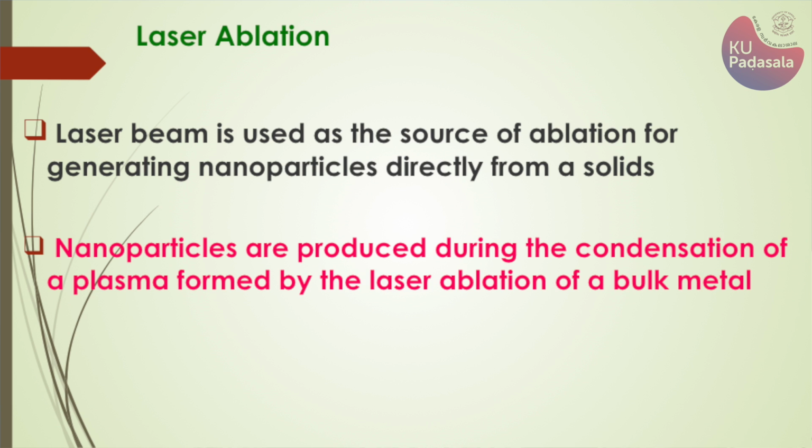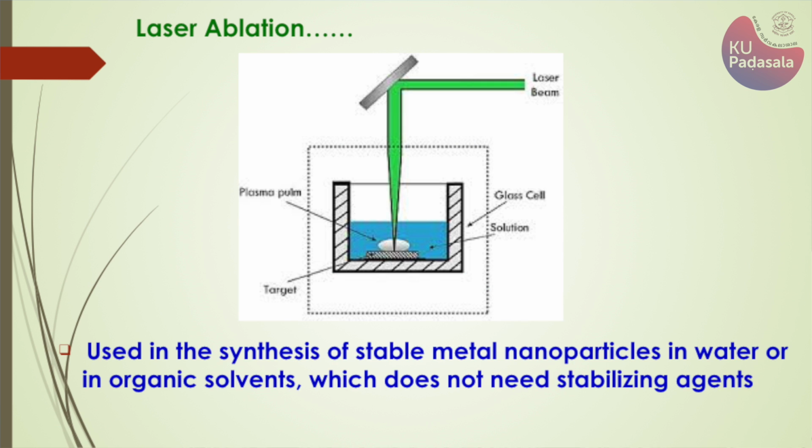That is, we are using high energy laser beam to convert bulk material to nanoscale particles. Nanoparticles here are produced during the condensation of a plasma formed by the laser ablation of a bulk metal or material. Now pictorial representation of the laser ablation.